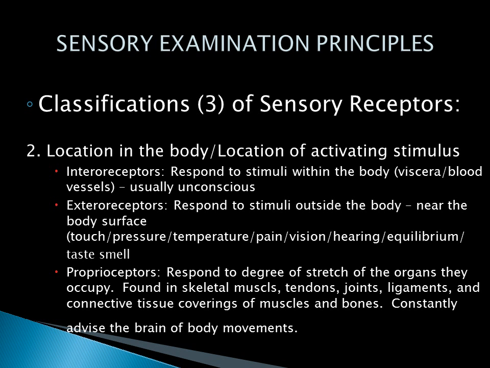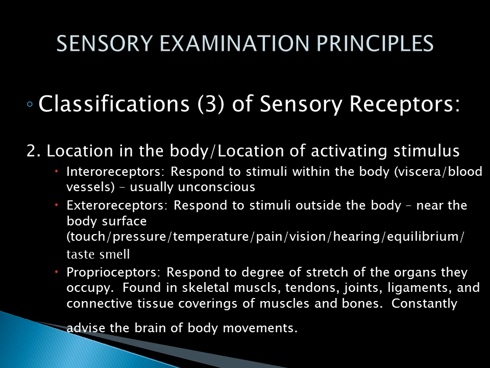Another classification system of sensory receptors is based upon their location in the body, or the location of the activating stimulus that results in the generation of an action potential in these sensory receptors.